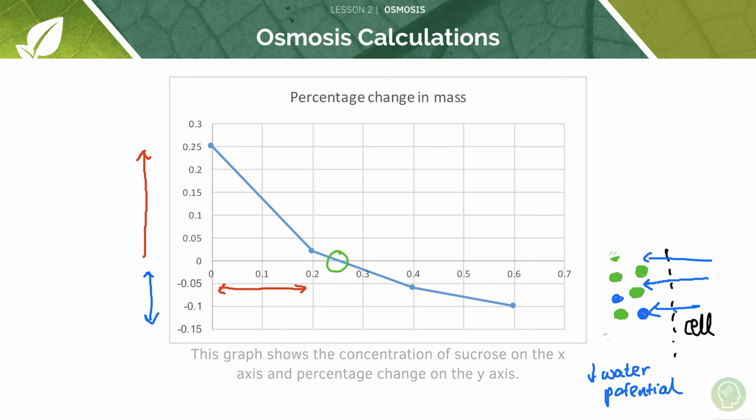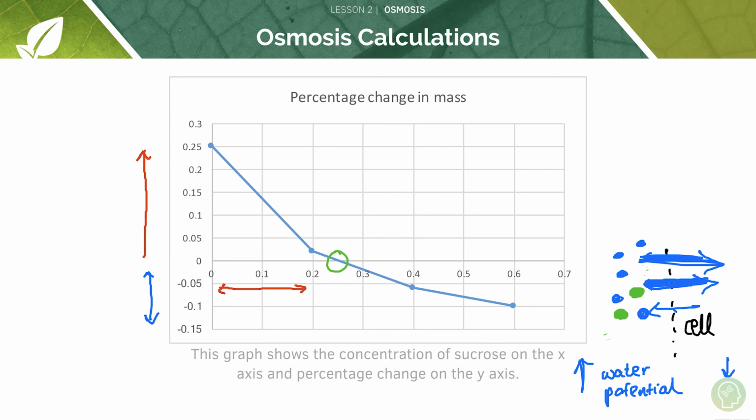So there's going to be fewer sucrose molecules, and therefore comparatively there's going to be more water molecules. So we're not going to get movement in that direction, we're going to get movement in this direction, okay, because it's moving from a high to a low water potential, down its water potential gradient. Okay, does that make sense?